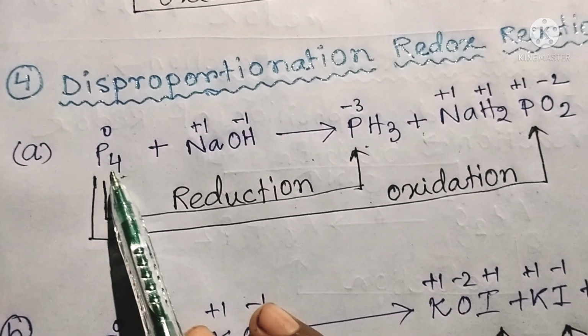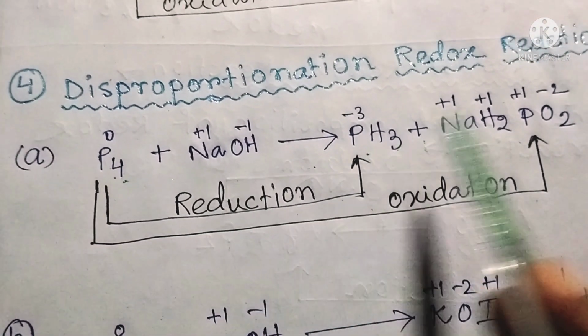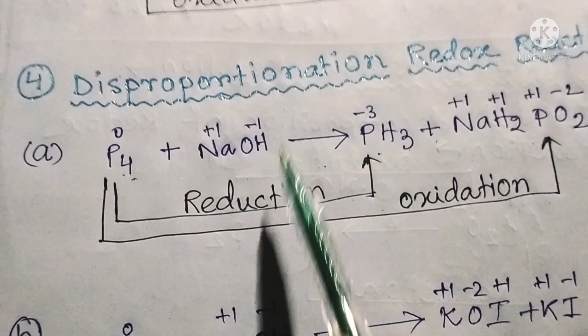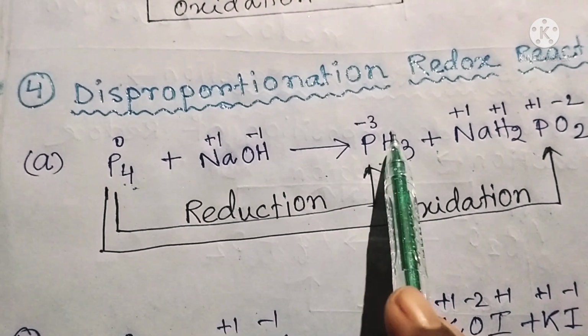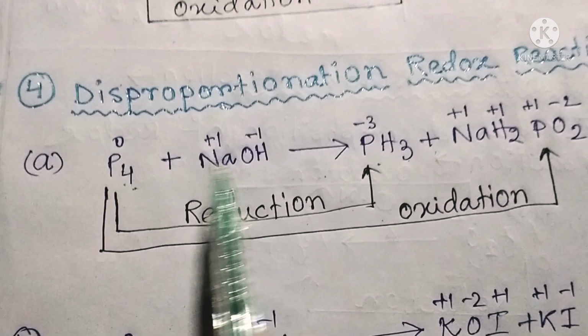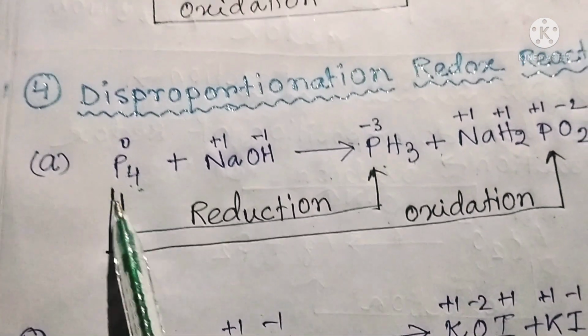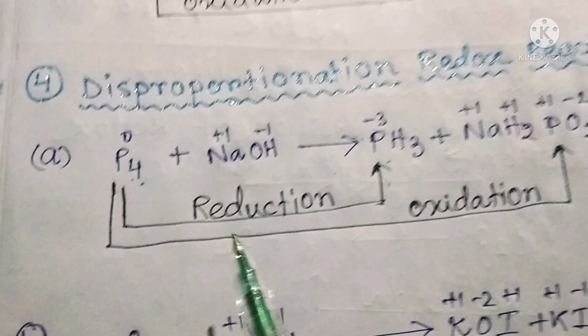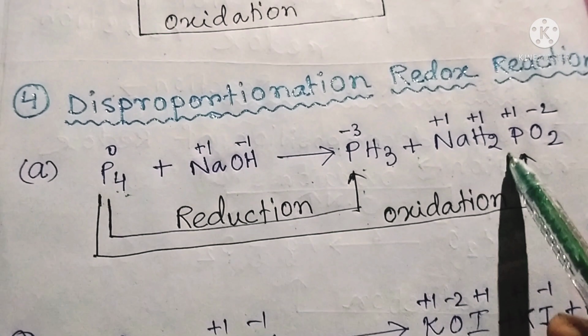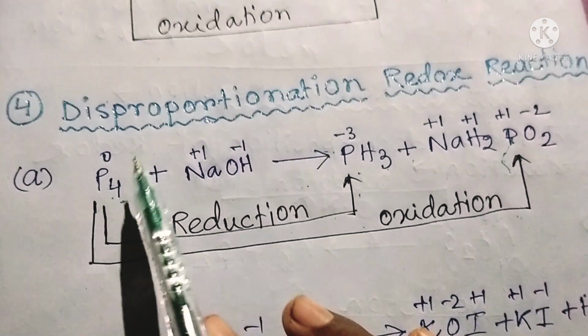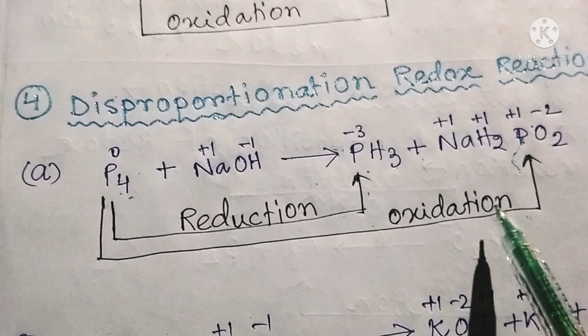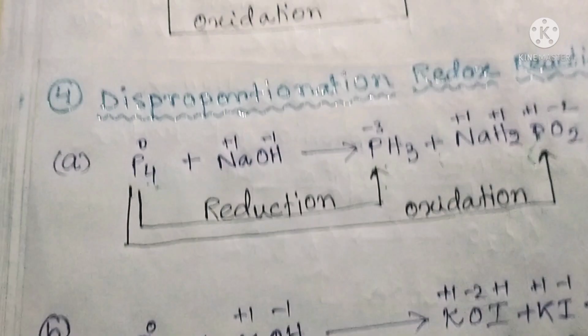Now this is in elemental state and these are the oxidation states. This is 0 and this is -3, so oxidation number decreases, so reduction occurs. And from here to here, oxidation number increases because this is 0 and this is +1, so oxidation occurs.